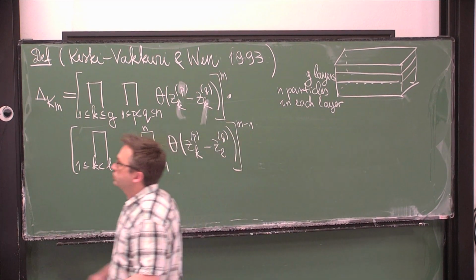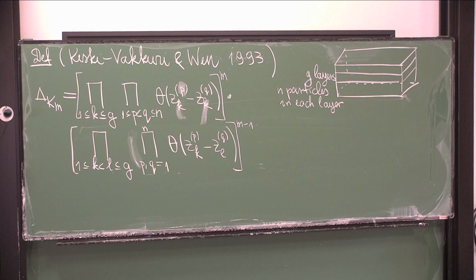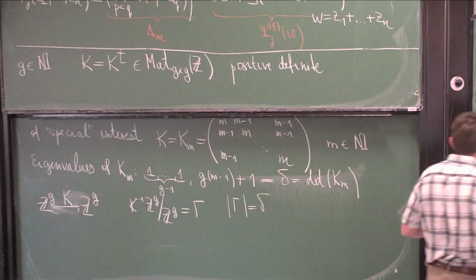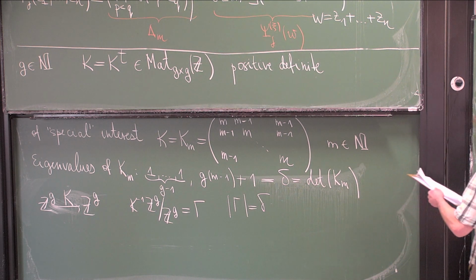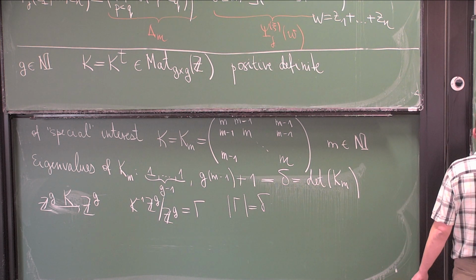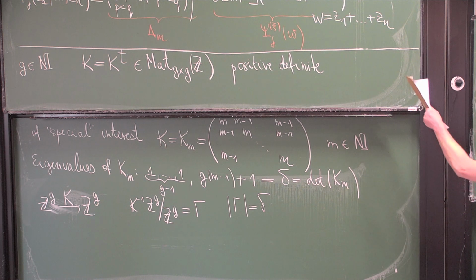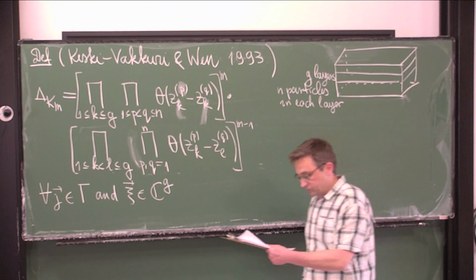Now I want to define an analog of this. Here, j becomes an element of my finite group, and the parameter psi is now a vector in C to the power g.